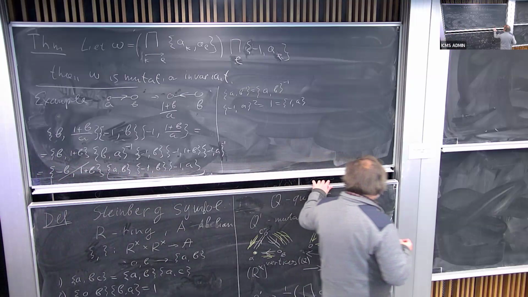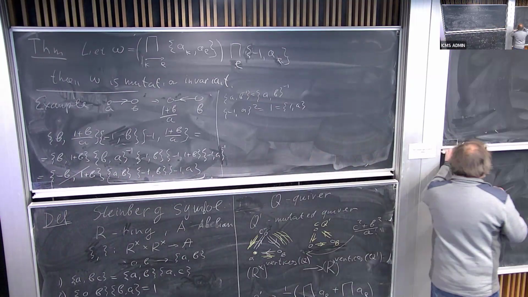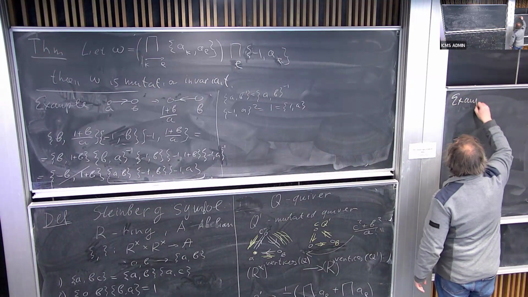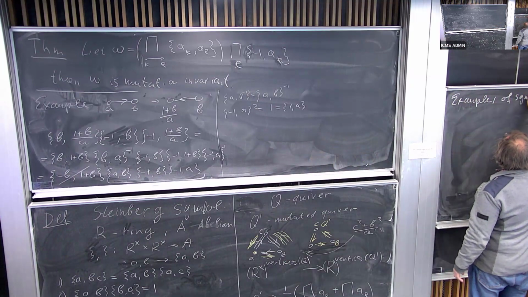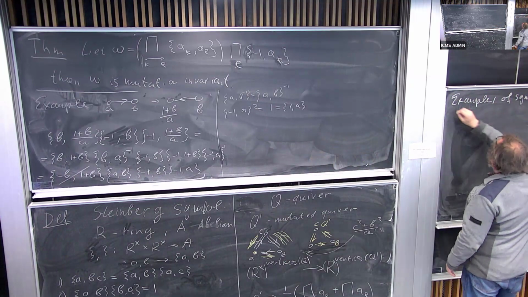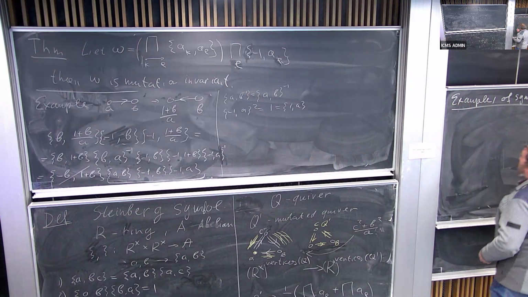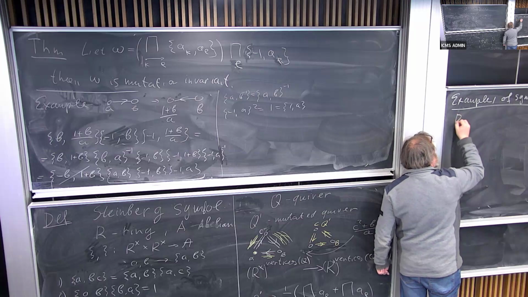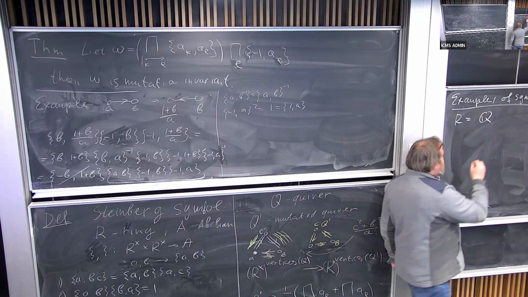Sorry. Before speaking about consequences, I'll speak about examples of symbols. In order to speak about something, let's take the ring R to be the rational numbers.